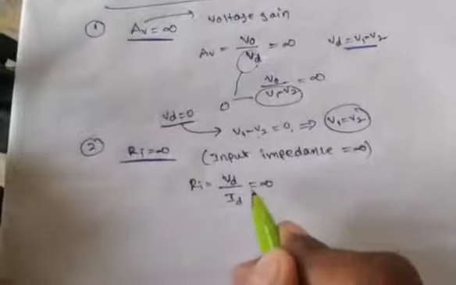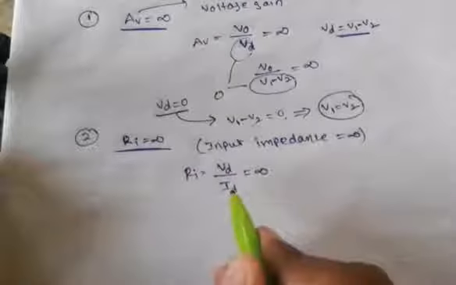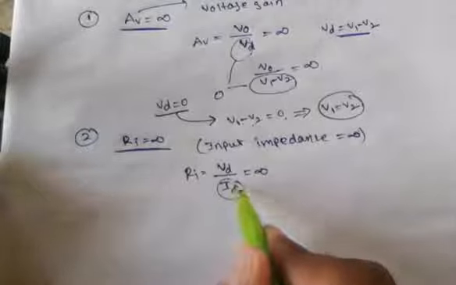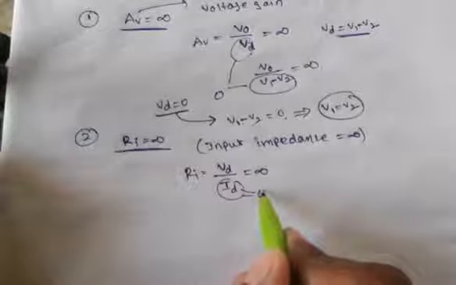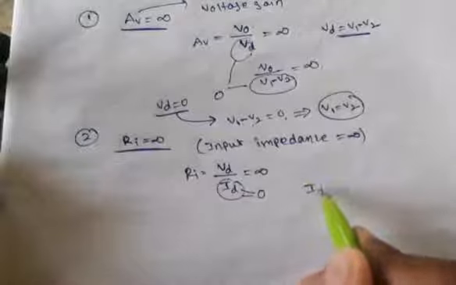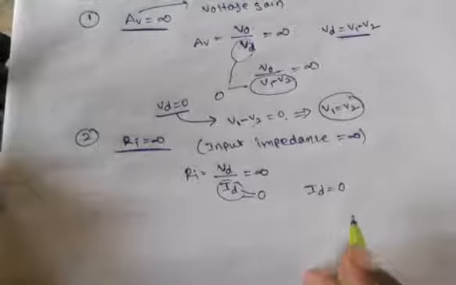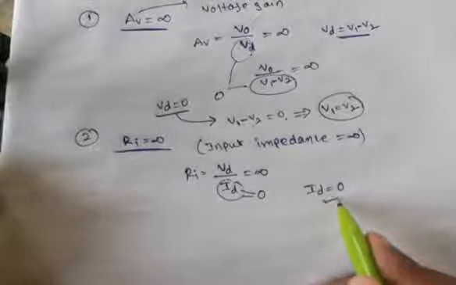If Vd by Id is infinity, then to get that value, the denominator should be equal to 0. Means Id is equal to 0. What is Id? The difference between the two currents is equal to 0.